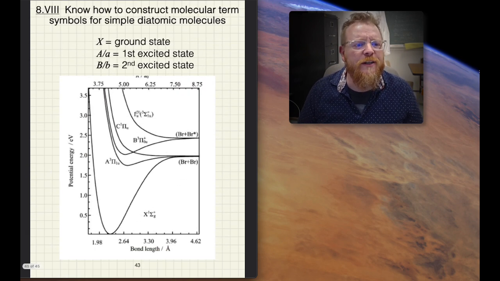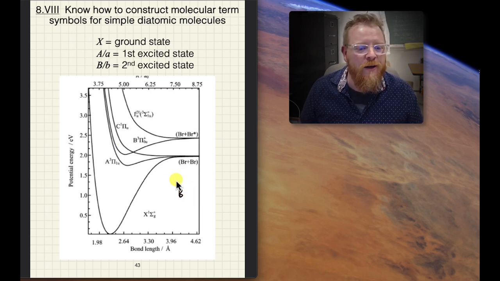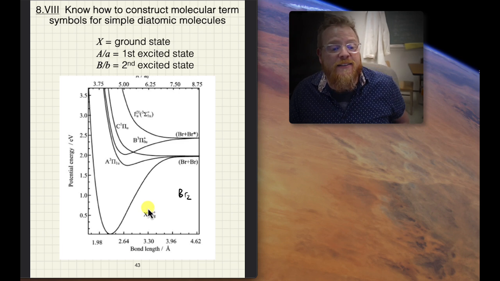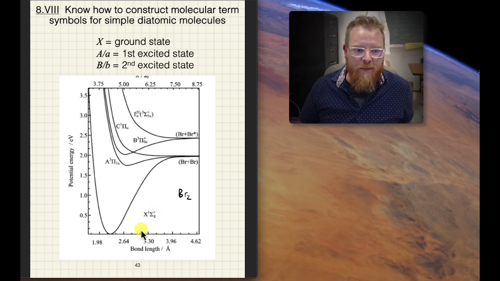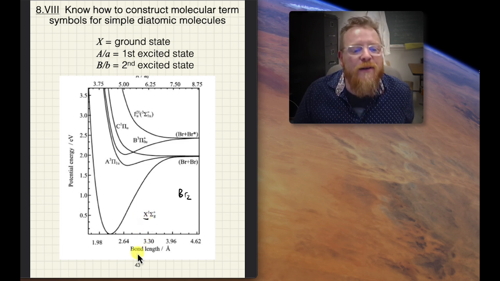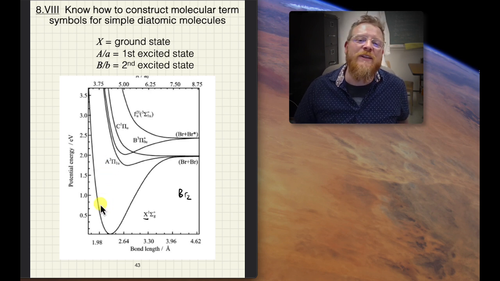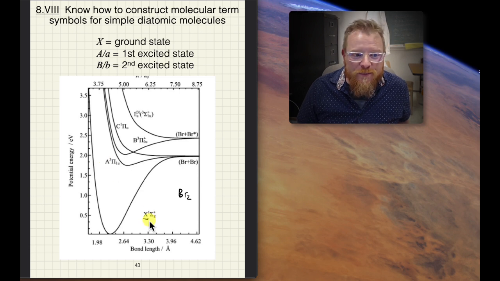So here's another good example. So this is Br2. I was just about to write B2R. So this is molecular bromine. And you can see that it has a singlet sigma g plus term symbol, a very common term symbol. And now, as you can see, X marks the ground state. But now this particular figure wasn't really consistent with that switching of letters.